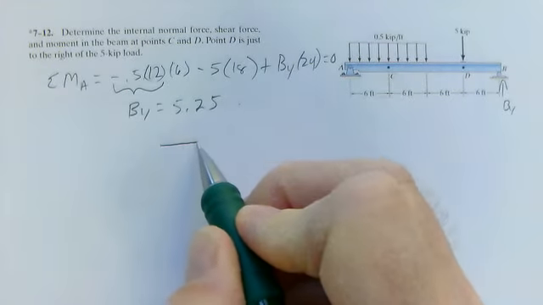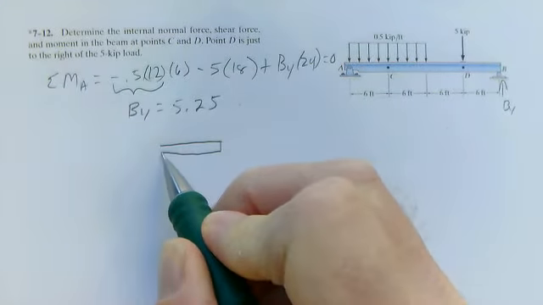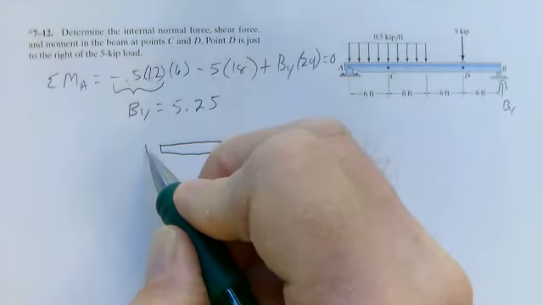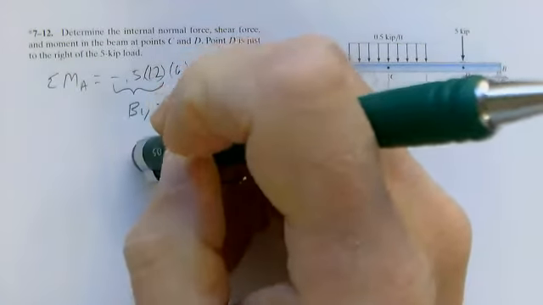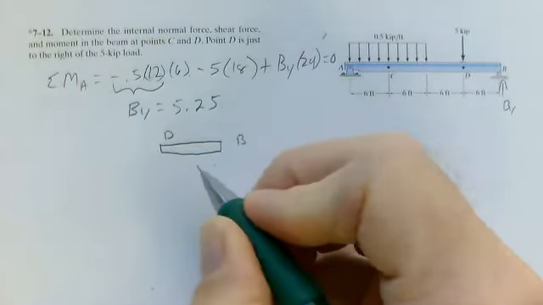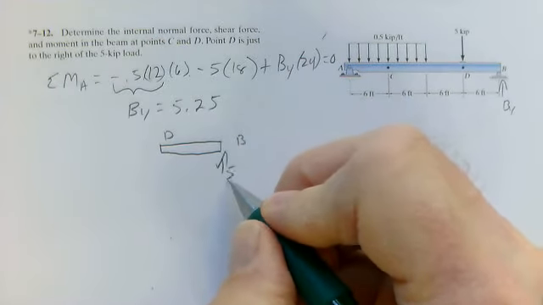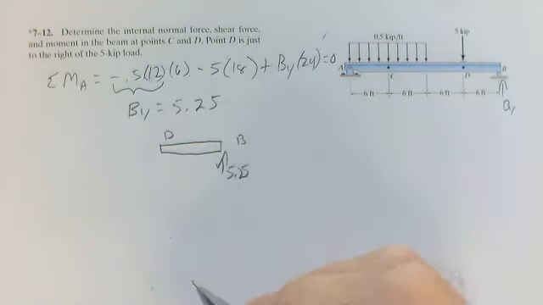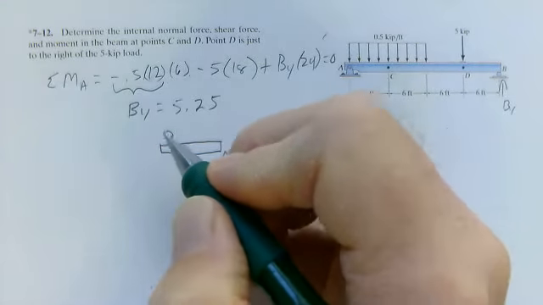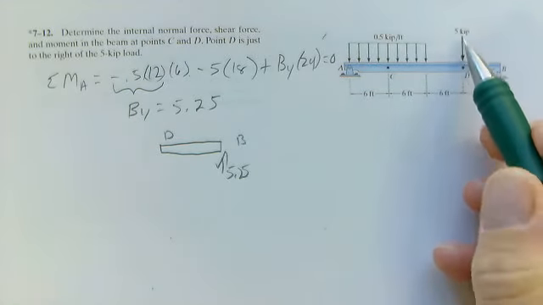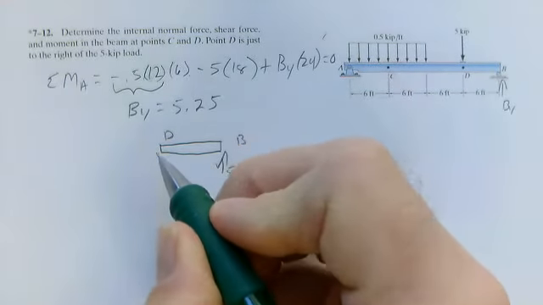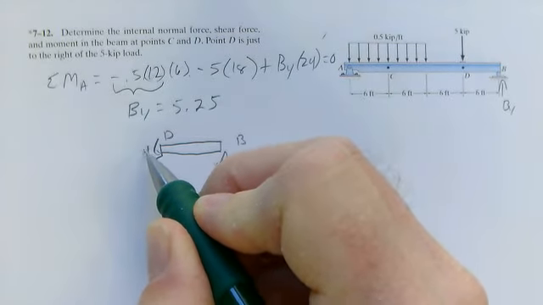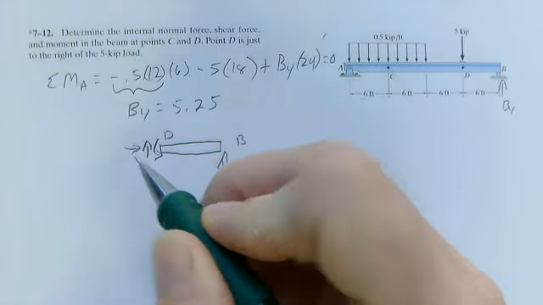So now let's draw a free body diagram of the beam from B to D. So I've got 5.25 up at B, and at D, since this is just to the right of the 5 kip load, that's not in the picture. So I've got a moment, a shear, and a normal.